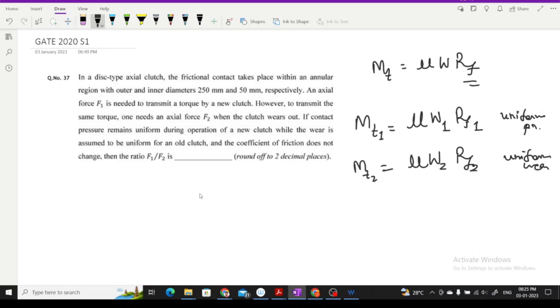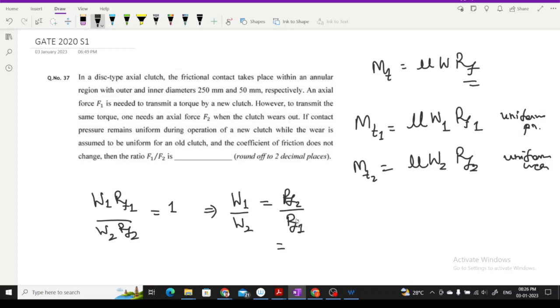It is almost around 0.87. So can you tell me what is W1 R_F1 upon W2 R_F2? Both are equated, so let me write it as equal to 1. So basically W1 R_F1 is equal to W2 R_F2. So from that, W1 by W2 is R_F2 by R_F1.